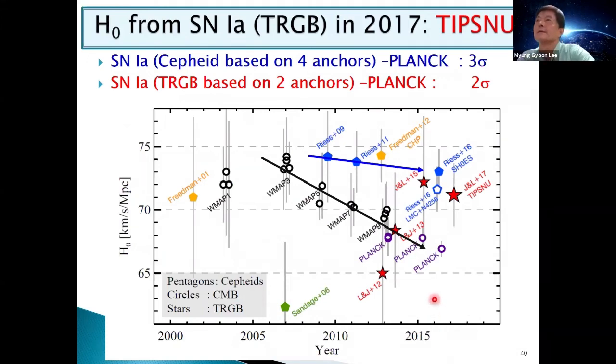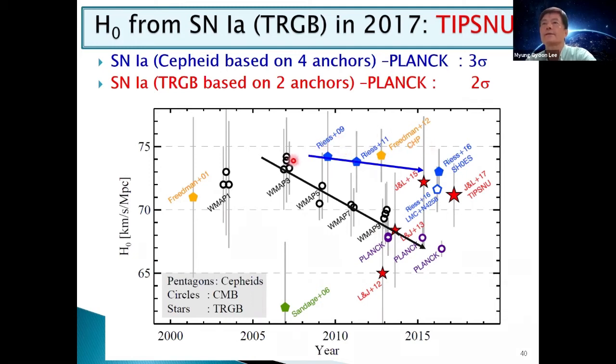So we presented the result in Jang and Lee 2017. Here we show the comparison of H0 based on Cepheid calibrated supernovae, which are blue symbols. Here the yellow ones are by Freedman et al., at the time the CHP team, and the blue ones are the SH0ES team led by Riess.